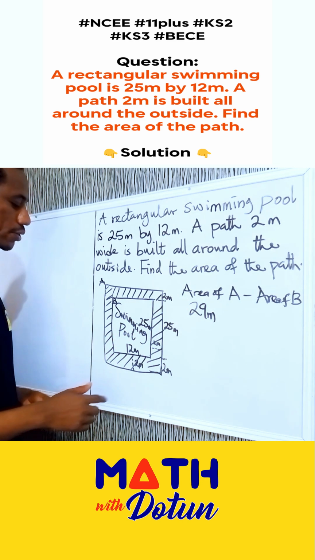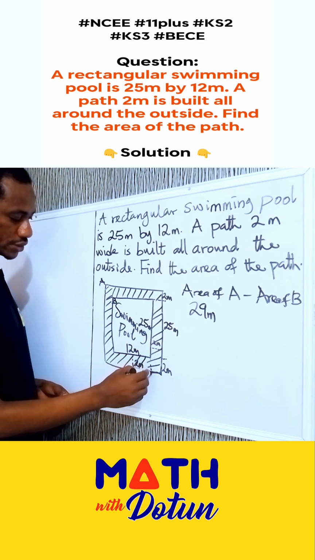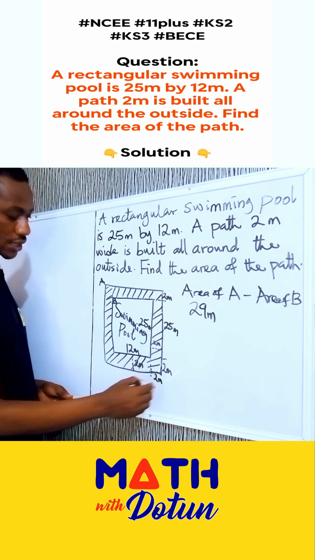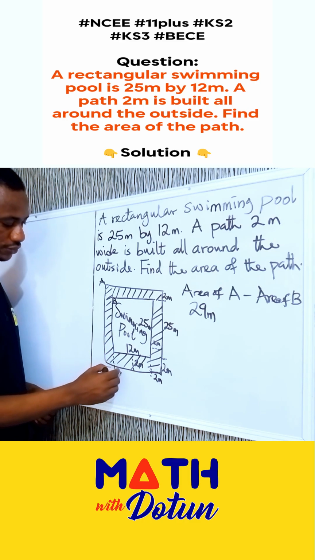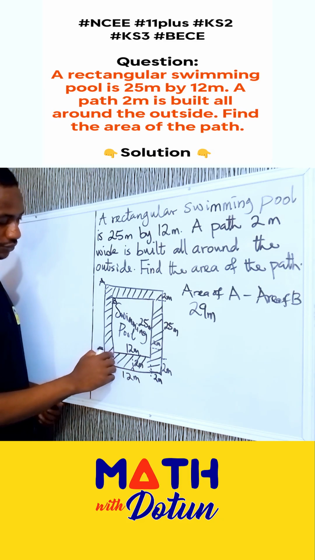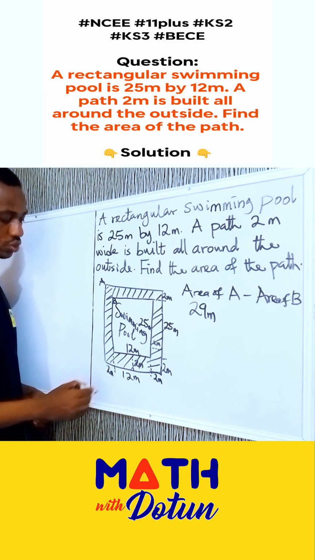What about the width? If I trace this down, here I also have 2 meters, here I have 12 meters from this point to this point, and here I also have 2 meters.